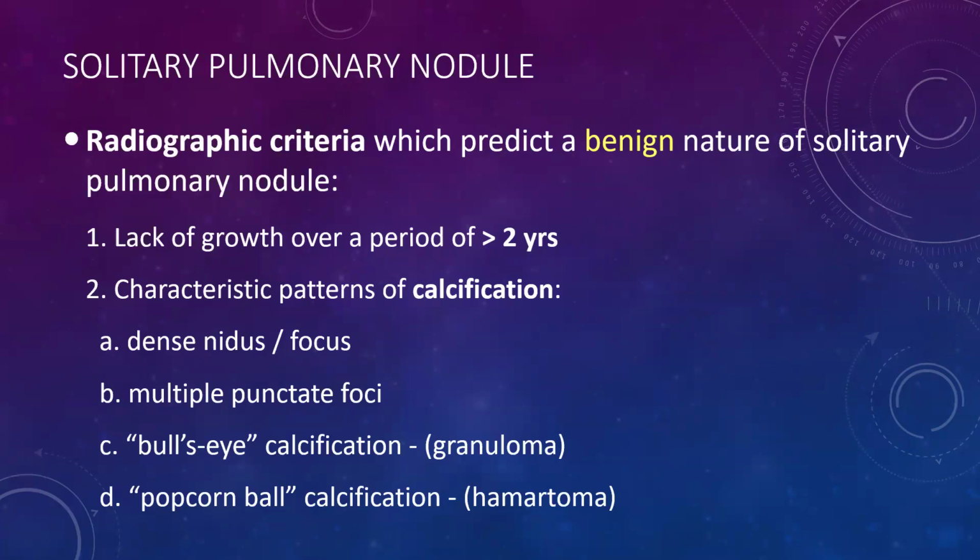Or if you notice certain patterns of calcification, such as intense focus of calcification, or multiple punctate or dot-like foci of calcification. If you have a bullseye appearance of calcification, that's usually granuloma. If you have a popcorn ball appearance of calcification, that's usually hamartoma. So any pattern of calcification will probably predict a benign solitary pulmonary nodule.